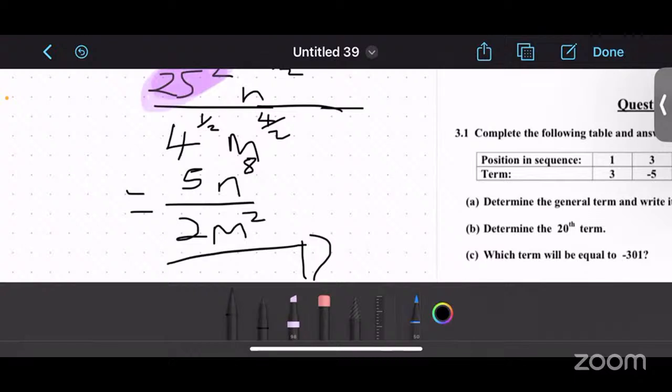And remember, the values that we used when we were trying to check if our answers are correct, you can use those to check if this is correct. So you're just going to replace n with 2 and m with 3.